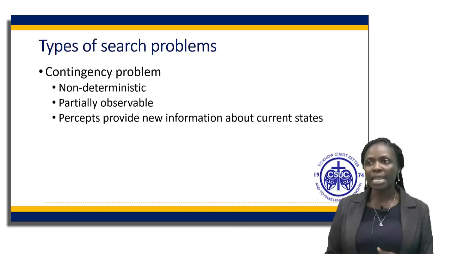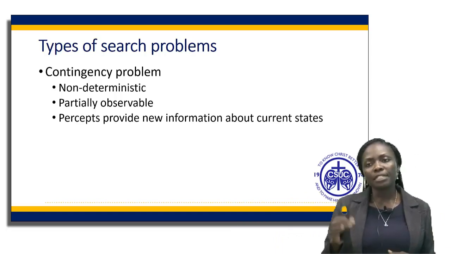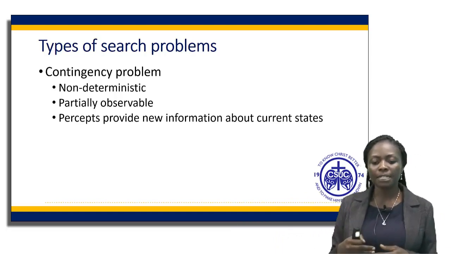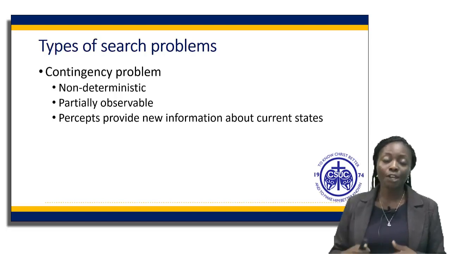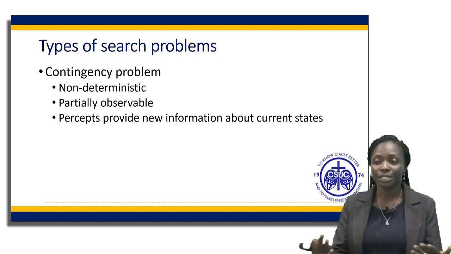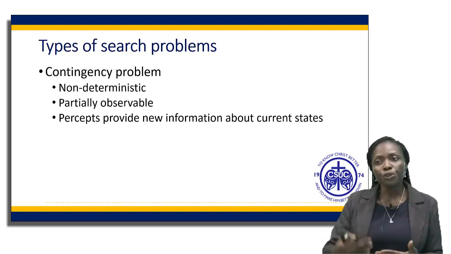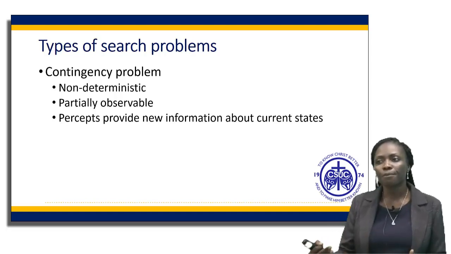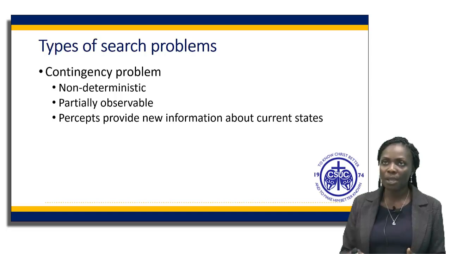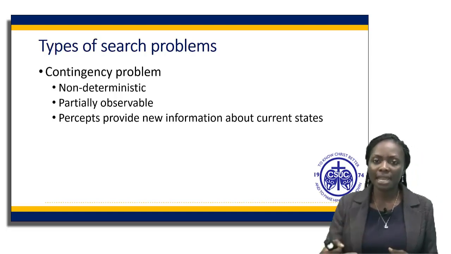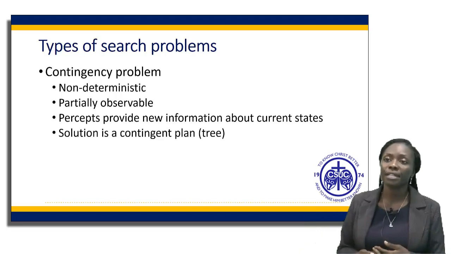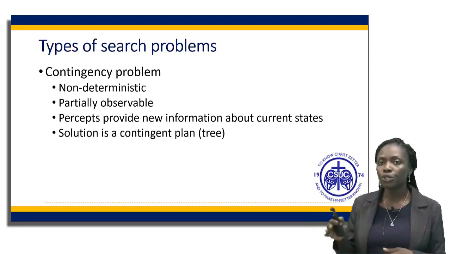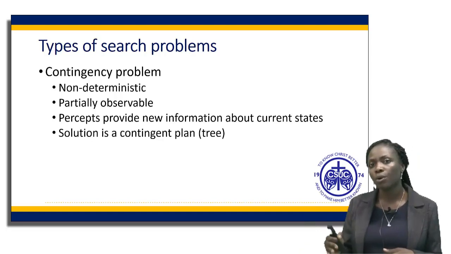And different percepts. So a percept is a perception. A percept is how you see or how you view the state of a problem. New percepts provide new information about current states. So where we are, whatever we see next will give us additional information to what we already have. And the solution is usually a contingent plan or a tree.